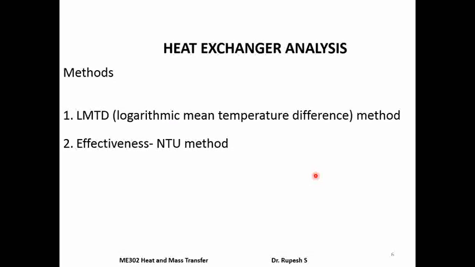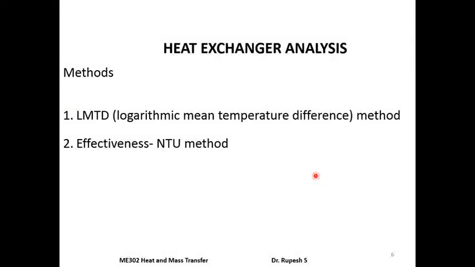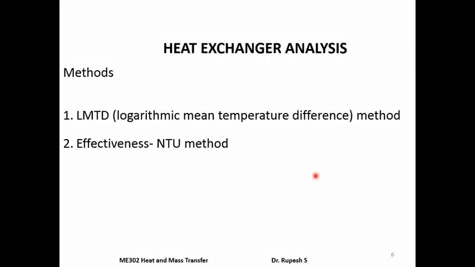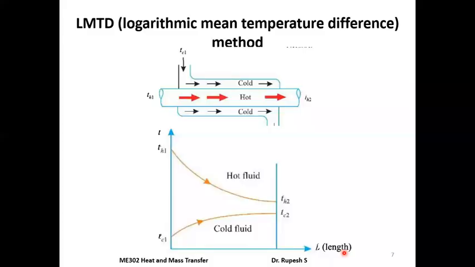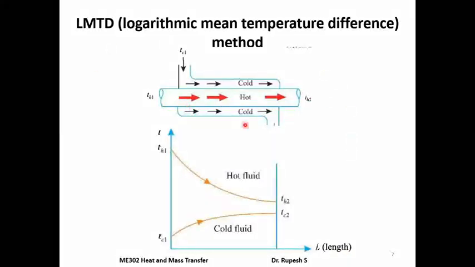Before going to the method, let us see what is LMTD, or logarithmic mean temperature difference, and why it is required. Consider a heat exchanger. We have considered a parallel flow heat exchanger. See the temperature variation of hot and cold fluids along the length of the heat exchanger. You can see that the hot fluid temperature is decreasing along the length of the heat exchanger, whereas cold fluid temperature is increasing.